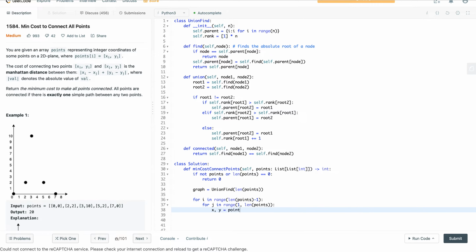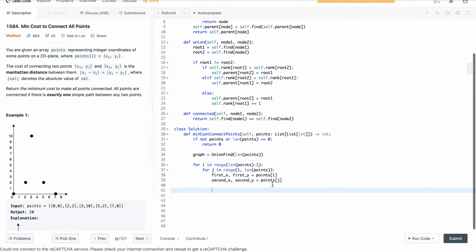Then first x, first y equals points[i], and then second x, second y equals points[j]. And here we calculate the cost between them, so the cost will equal the absolute value of second x minus first x plus the absolute value of second y minus first y.